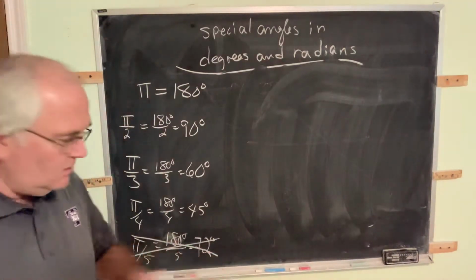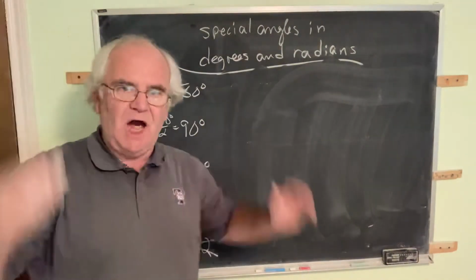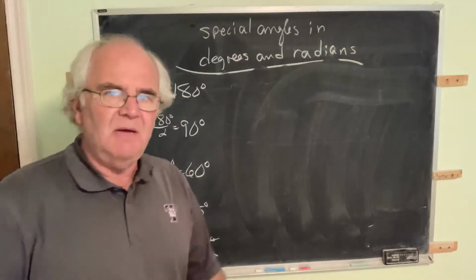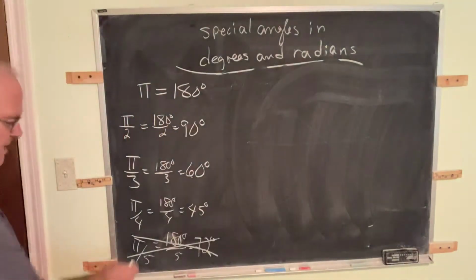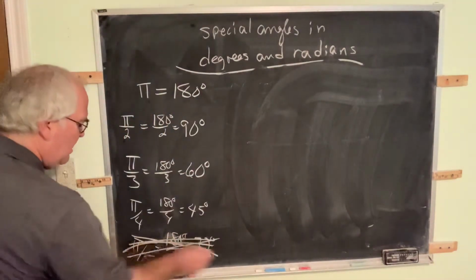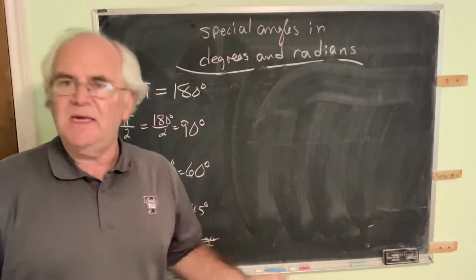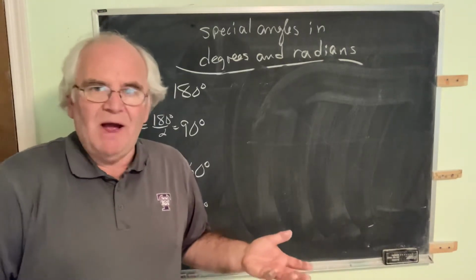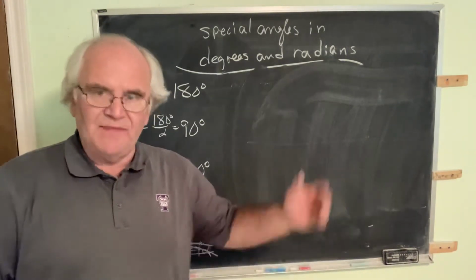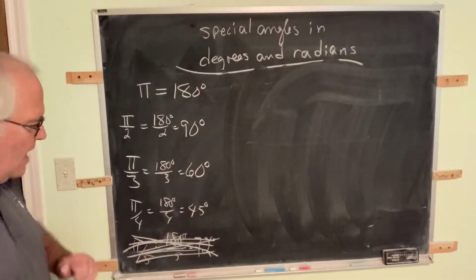If you wanted to, you could develop a wonderful trigonometry based upon 72 degrees, but that's not what we're going to do from here on out. We'll essentially just ignore that one. Pi over 5 doesn't come into play very often. If it does, then you'll handle it as a special case when you get there. 180 divided by 5 is 72, and if you want to use that, that's wonderful. But we will do almost nothing with pi over 5.